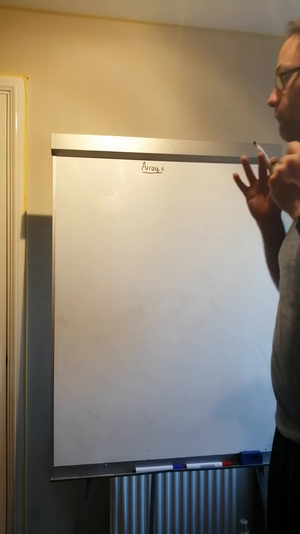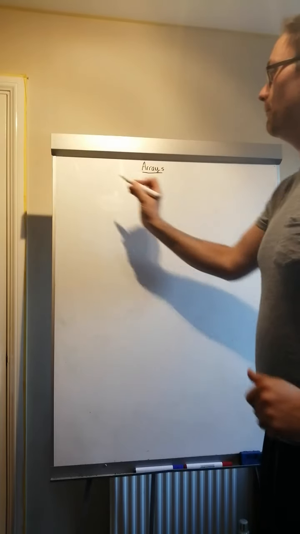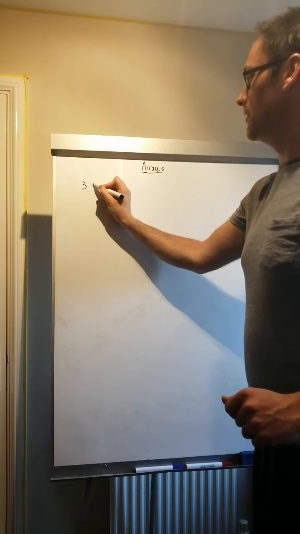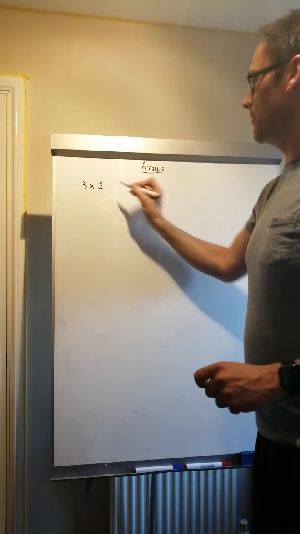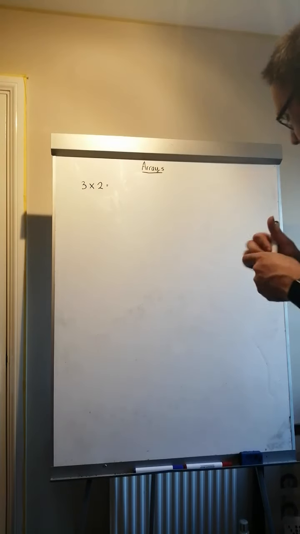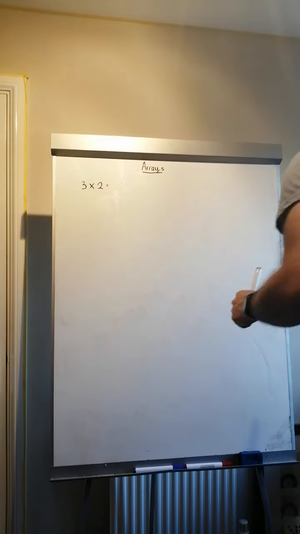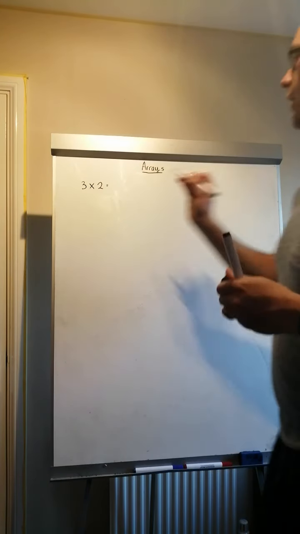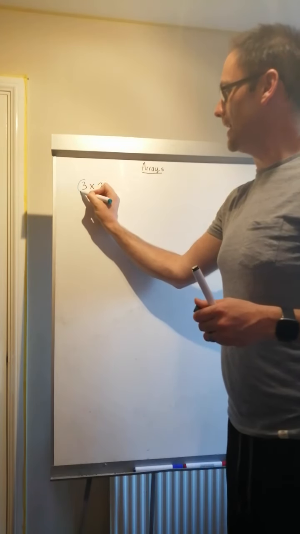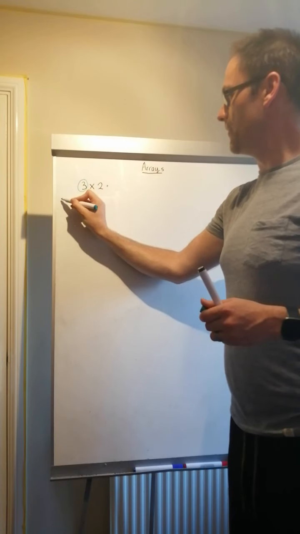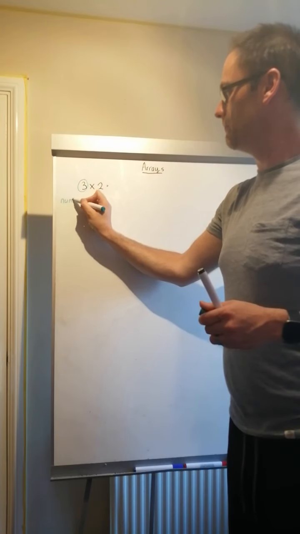So we're going to start off with a really simple multiplication calculation. Okay, 3 times 2. Now, most of you will be able to do that in your head. Yeah, I'm not debating that. But what we're going over is what these two numbers mean again. So that is the number of groups.